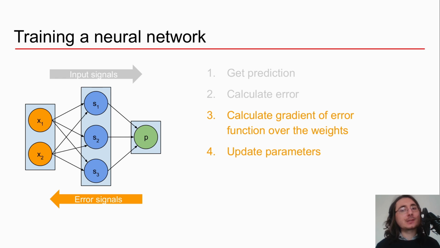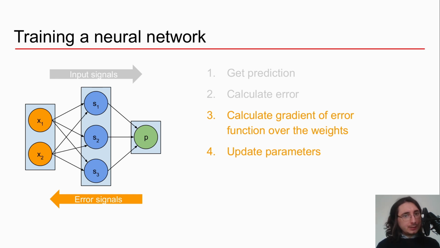We calculate the gradient of the error function with regard to the weights, and we use that information to update the parameters, because the gradient is going to tell us in which direction we should tweak the weights in order to improve the predictions.